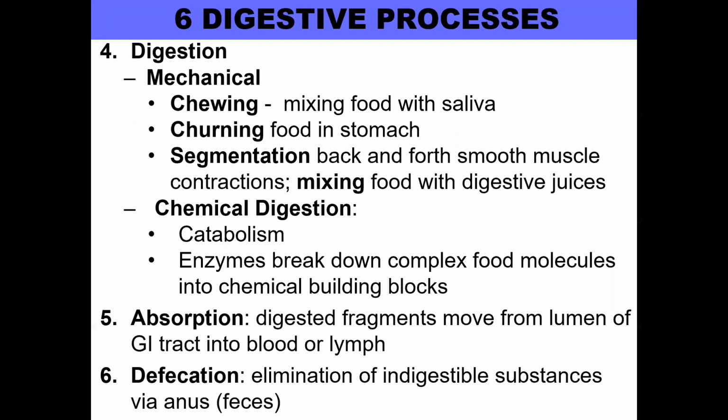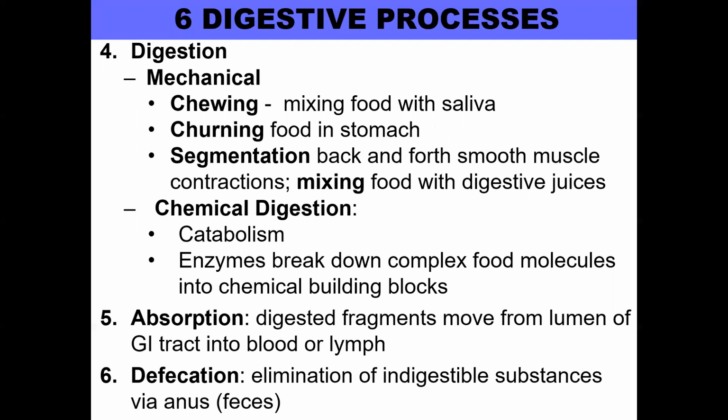We are just mixing it up, making it smaller pieces. It might end up looking like paste by the end of the time it moves through the stomach, but remember, mechanical digestion doesn't change the food's chemical nature. It's still the same food, just like you put it in a blender. Segmentation, we have talked about, is the mixing and the back and forth that we will see in the small intestine.